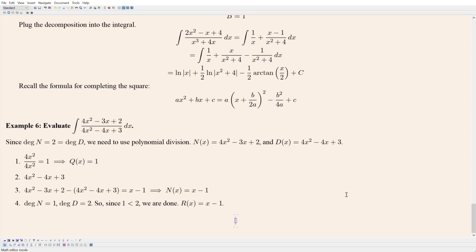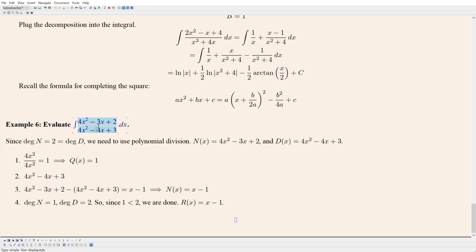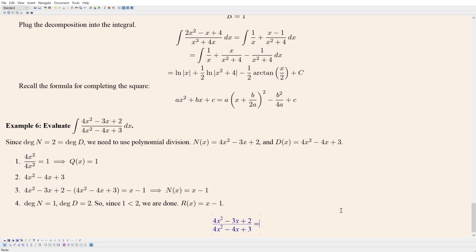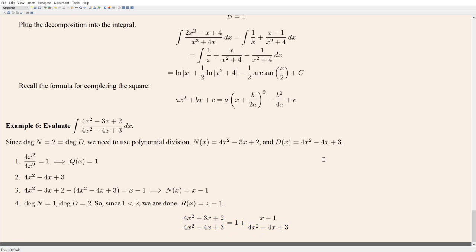Okay, so far, we have done polynomial division to obtain the following result. So this is equal to q plus r over d. And now we're going to do partial fraction decomposition on this bit.